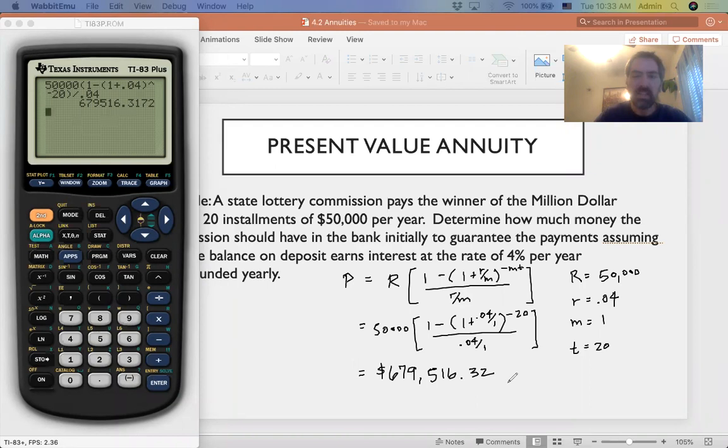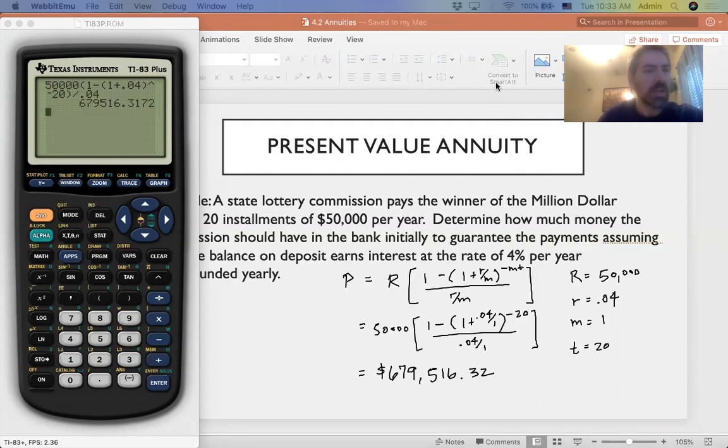Letting that $679,000 sit in the bank earning 4% interest will grow to cover the $1 million over those 20 installments. Okay, and that's the present value annuity.